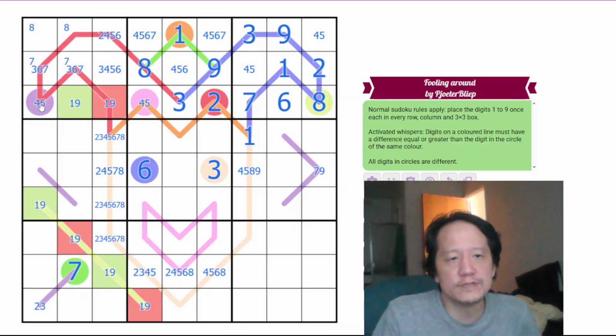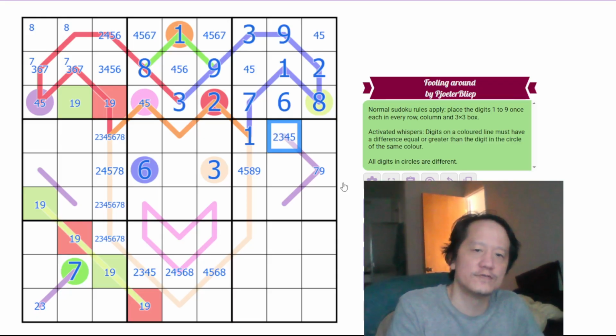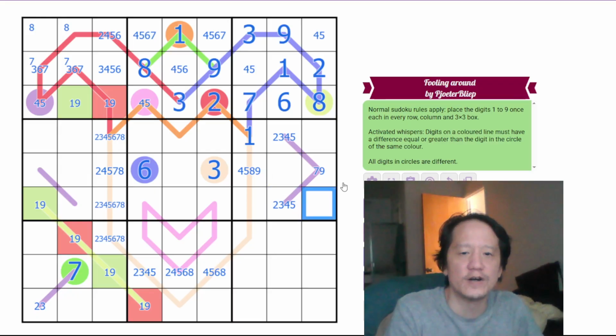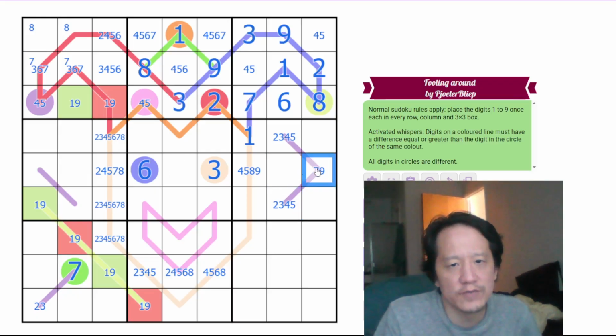7 with a difference of 5 would force these to be 1 and 2. That doesn't work. It could be 4 with 2 and 3 here. That could work. And 9 could be 2, 3, or 4. Or 5. So this is a difference of 2 through 5, with the 7 or 9 here.